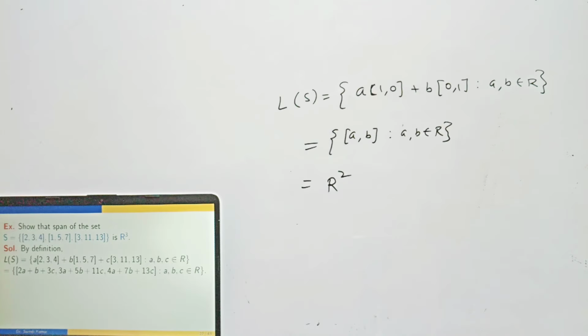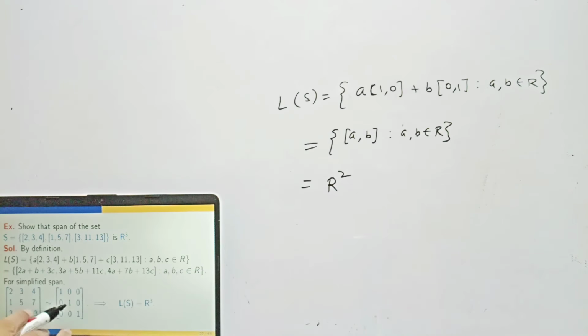So how to do that? Using simplified span. What is simplified span? You write these vectors in a matrix and find its RREF, reduced row echelon form. After that, find the linear span. Because the span of this set and the row equivalent matrix, if you consider the row vectors, the linear span of both are the same. Alright. So this is the way to get the simplified span.